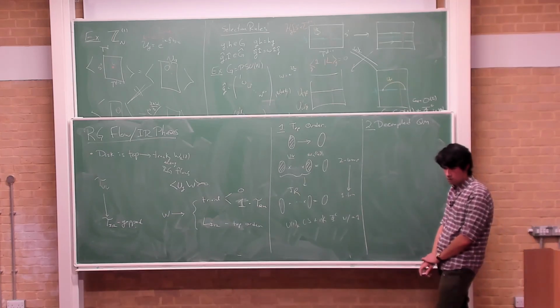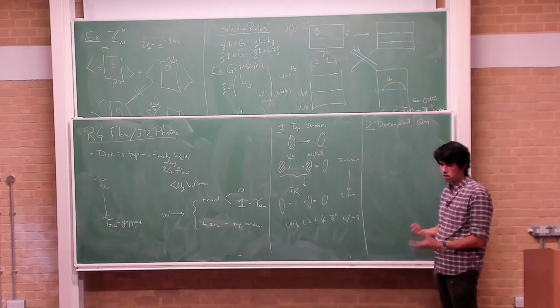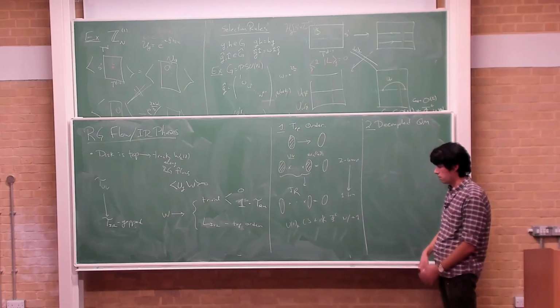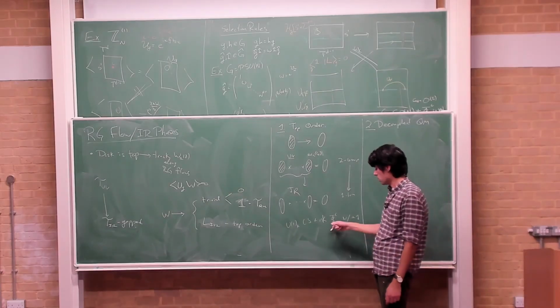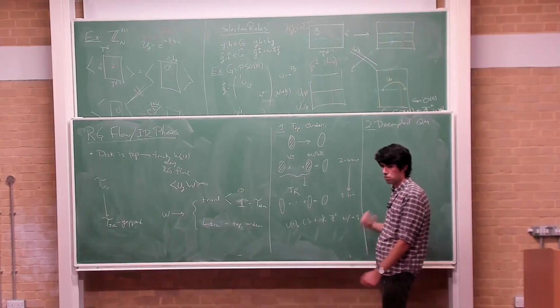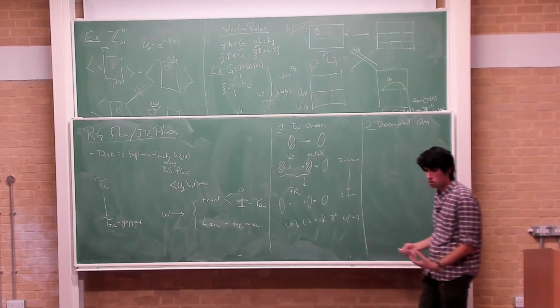Yeah, exactly. It doesn't act on any local operators or anything. So I think in this example, you can add a mass to get rid of all these complex scalar fields, and then you just flow to Chern-Simons with an enlarged symmetry.